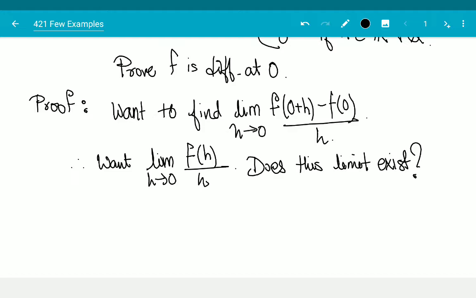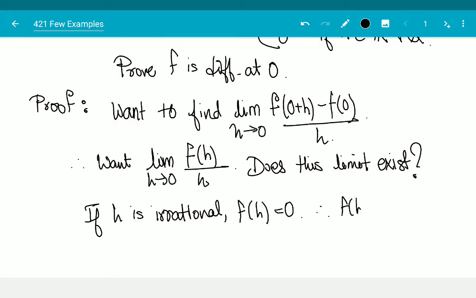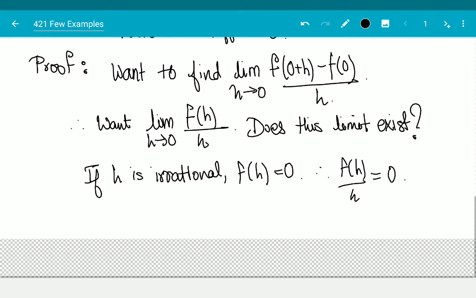So now, if h is irrational, f of h is equal to 0, therefore f of h over h is equal to 0, right? In every case where h is irrational.